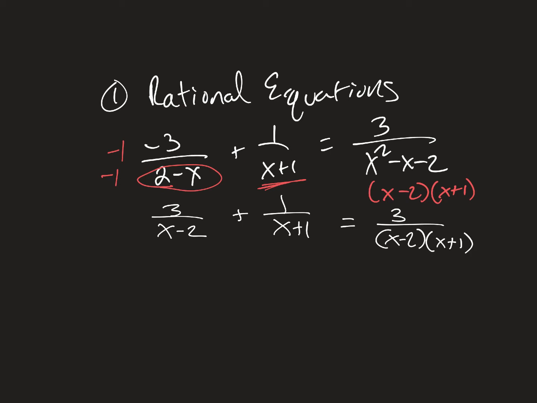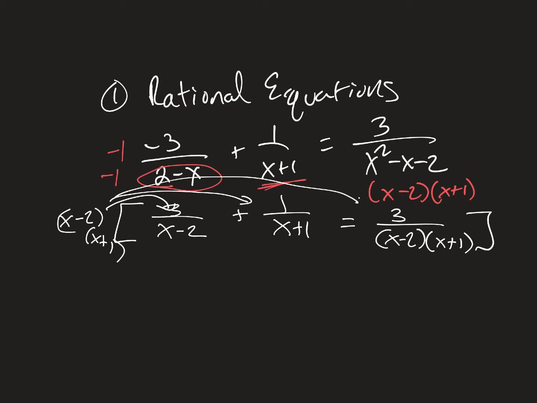All right, so now we're going to clear the denominators by multiplying by the least common denominator, which happens to work out nicely here, x minus 2, x plus 1. And this means I'm multiplying both sides by this product. And if done correctly, I should no longer have variables in the denominator.